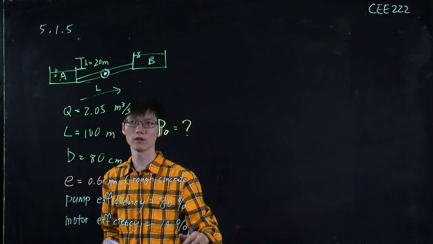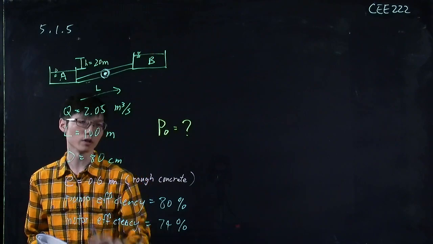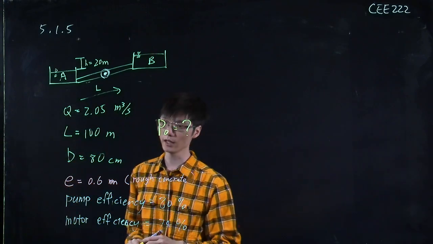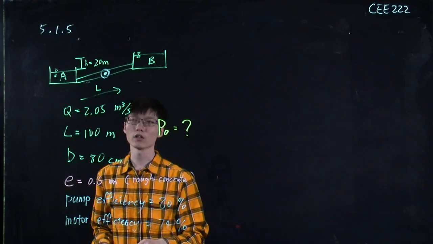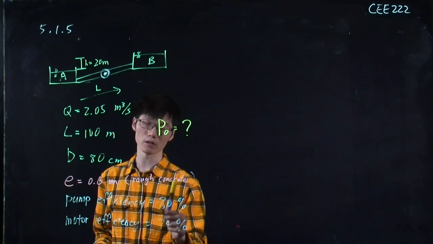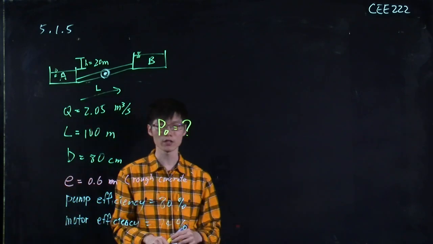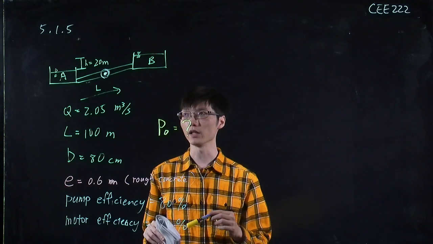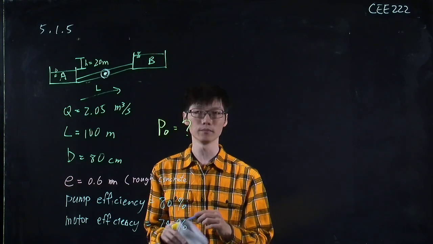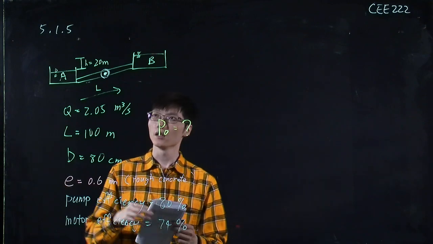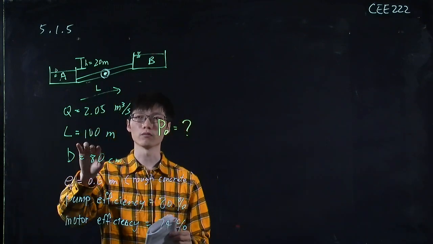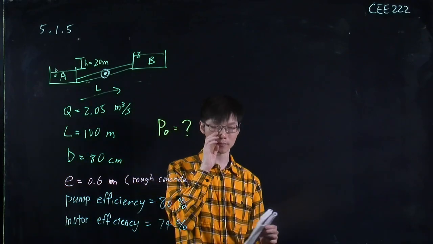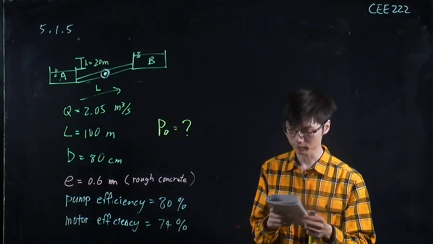And the flow rate requirement is equal to 2.05 cubic meters per second. The question also tells us the pump efficiency is equal to 80% and the motor efficiency is equal to 74%. The length of the pipeline is equal to 100 meters and the diameter of the pipeline is equal to 80 centimeters. Okay, so how do we solve this problem?